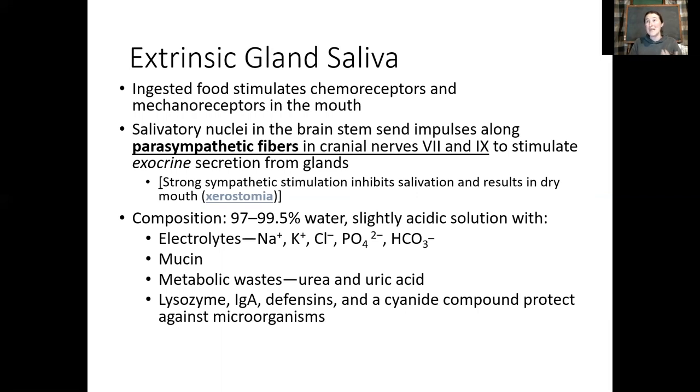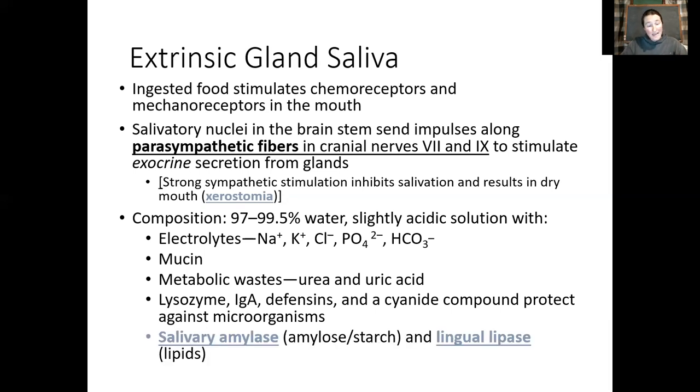We don't want to be wasting any time doing digestive stuff. And so sympathetic stimulation is going to inhibit these glands, while parasympathetic stimulation is going to promote the secretion from these glands. Okay. So to transition into the next slide here, this particular saliva also contains enzymes.